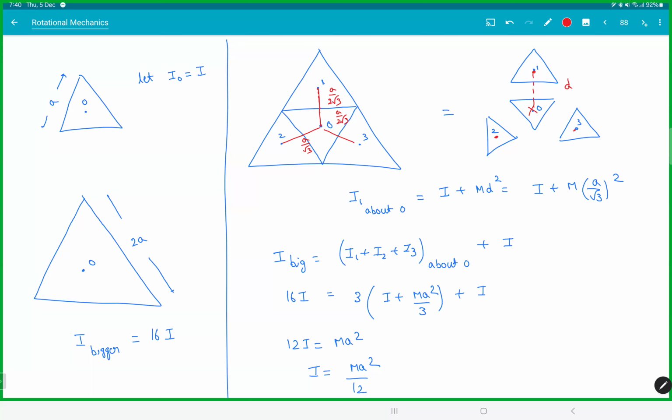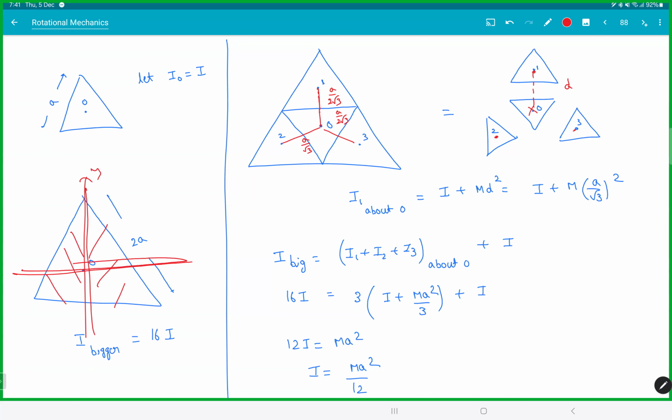Anyone confused with anything here? Can we do a problem on the perpendicular axis theorem? Do you know about these two? You should know Ix, Iy, right? We don't know both of them, yet you can still calculate Iy. If you take Iy, you can use this as one triangle, this one triangle, and use that formula m h square by 6.